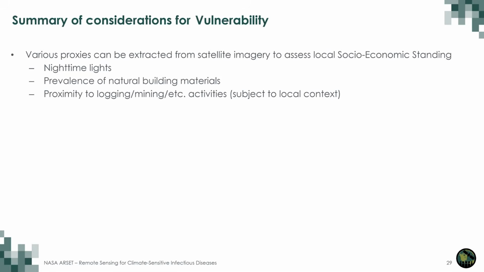And you can also estimate proximity to logging and mining activities, which frequently indicate areas that are housing migrant populations, which are again some of the most poor and disadvantaged communities available.